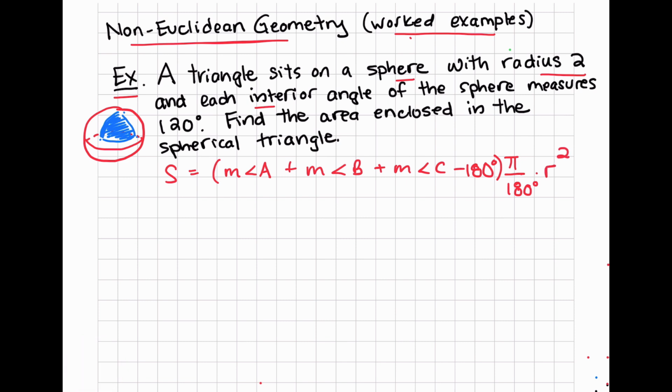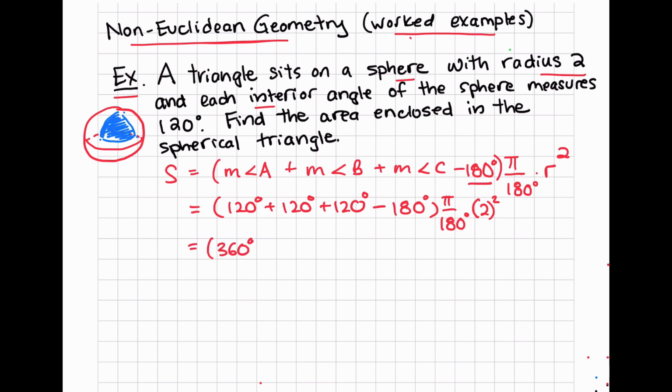So in this case, we have 120 degrees plus 120 degrees plus 120 degrees minus 180 degrees, times pi over 180 degrees, times r squared, which is 2 squared. Simplifying gives 360 degrees minus 180 degrees times pi over 180 degrees times 4.